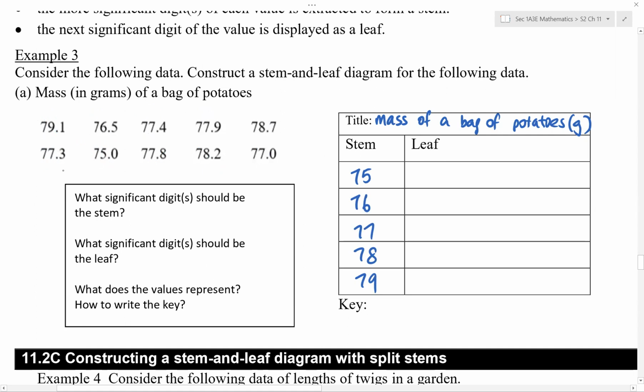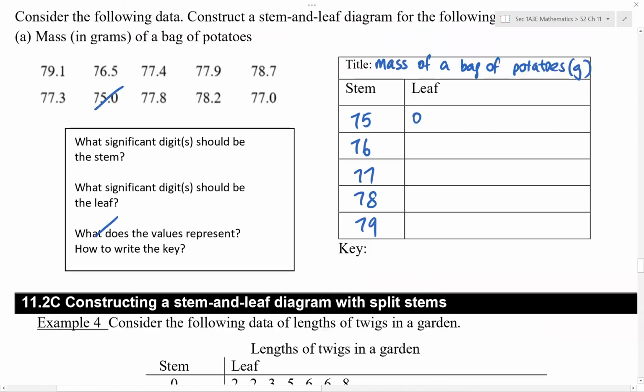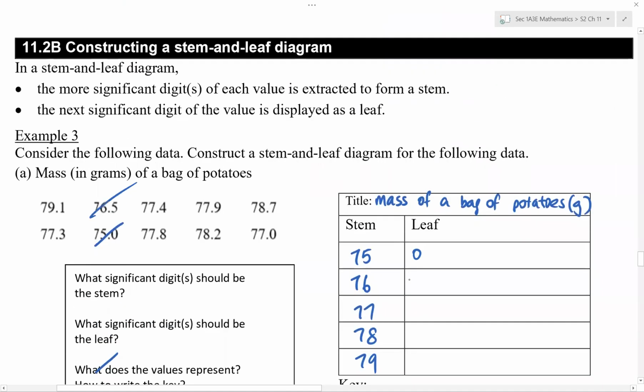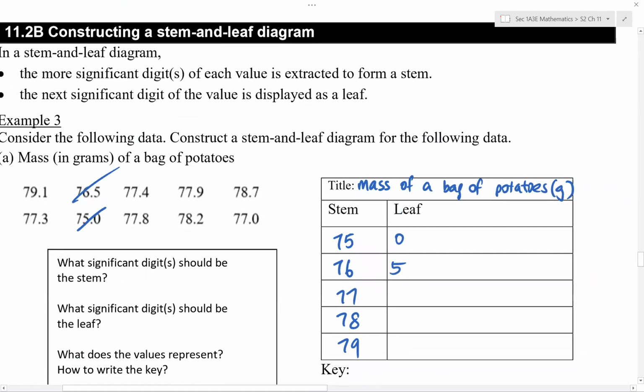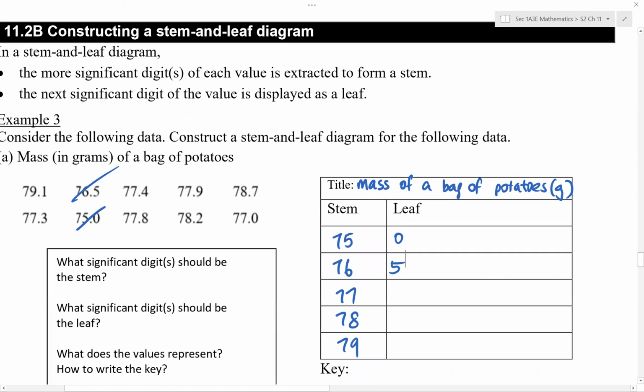Now let's fill in the leaves. 75.0, no other 75s. So go on to the next larger number, 76.5. Notice that we are not including any decimal points in our stem and leaf diagram.